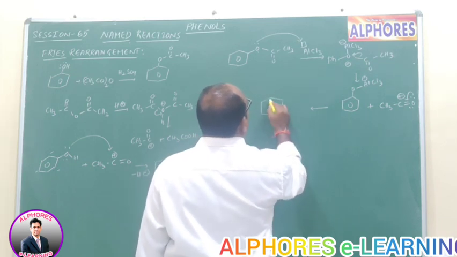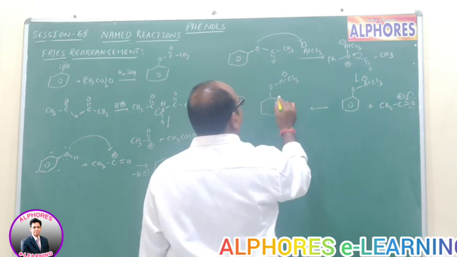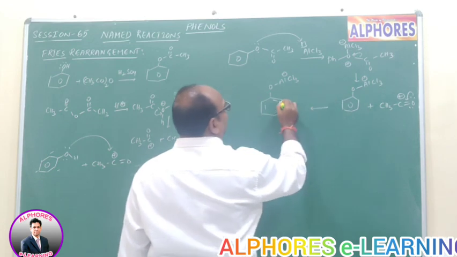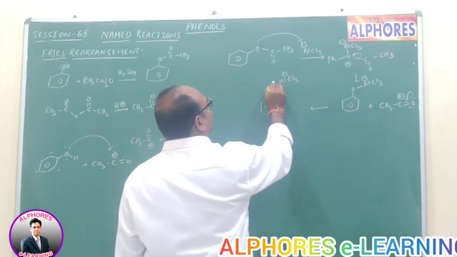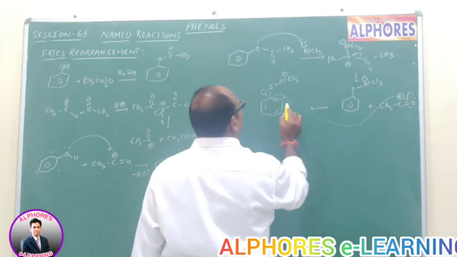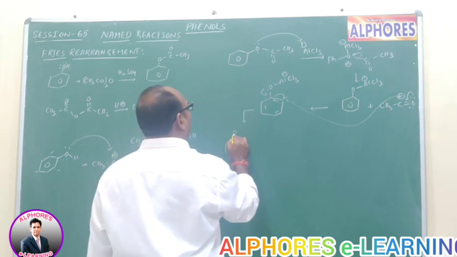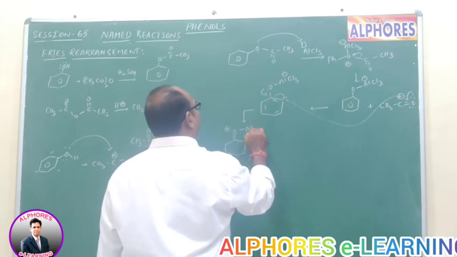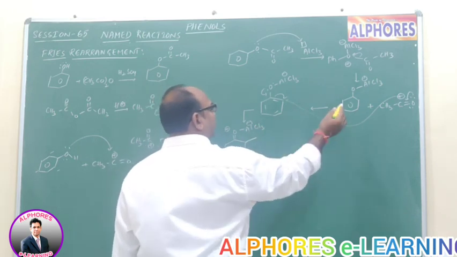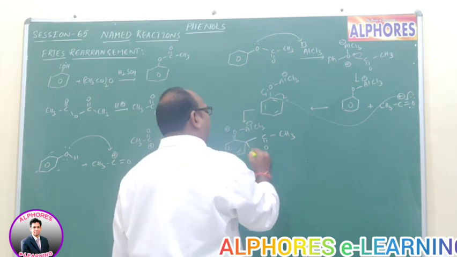As a result, we get the product here, O-AlCl3 minus, and to accommodate that, this positive charge has to come and attack this position. For that, this oxygen gives its advantage, and this C plus has to attack here. As a result, we get the product with O plus AlCl3 minus, and here C double bond O-CH3, and one hydrogen also there.